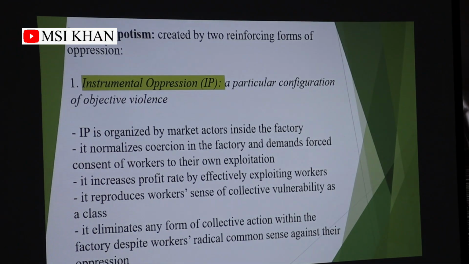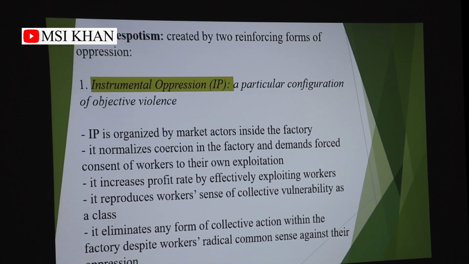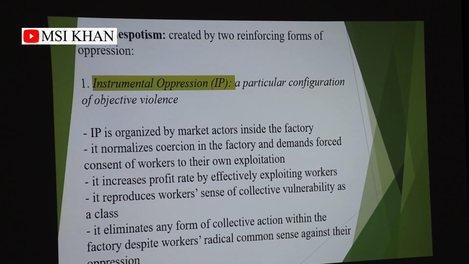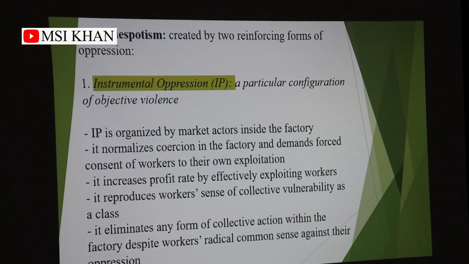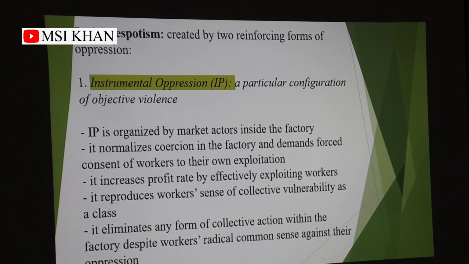This social despotism is constituted by 2 major operations: an instrumental operation and a structural operation. These are the 2 key analytical concepts I developed to rationalize the argument, or the new regime, and how it exists in this country, at least in the RMG industry.